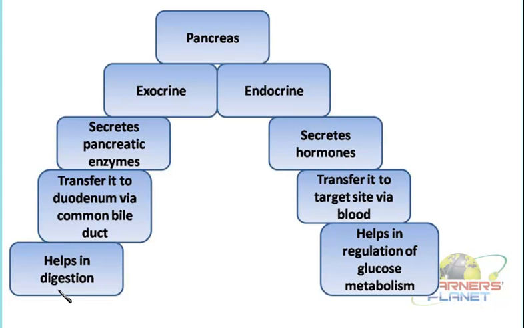It is quite understandable that if the exocrine gland, the pancreas, is connected with the alimentary canal or the small intestine, which is part of the digestive system, then the function controlled by these enzymes should be digestion. But these enzymes are of different kinds. There are different enzymes like trypsin.